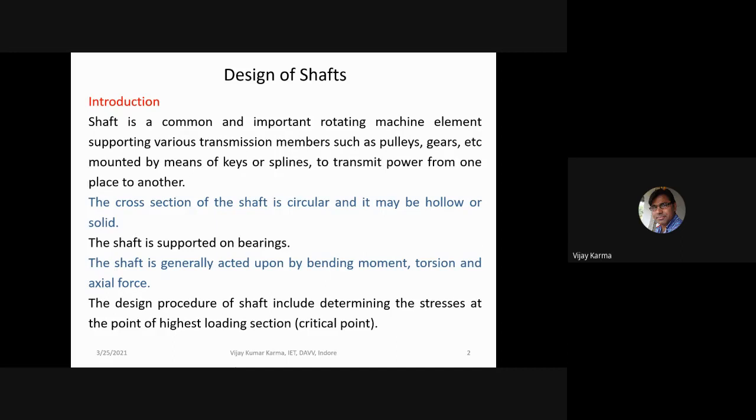Due to that, there will be a bending moment, or there may be an axial load, or there may be a torsional load. So we have to determine the point which is heavily loaded, and then we'll determine the stresses at that point and obtain the cross section of the shaft.